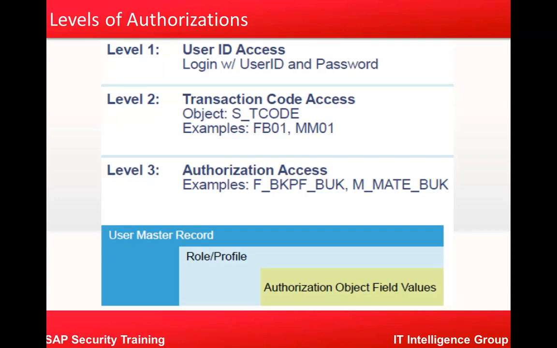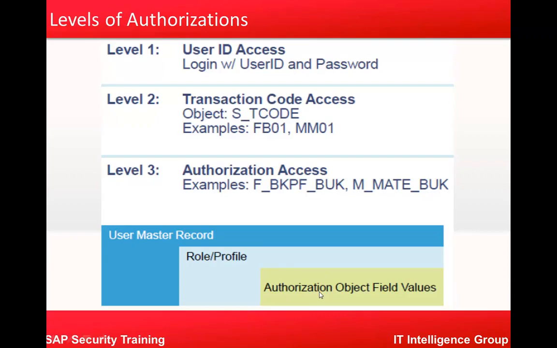What we have seen so far is that, from a security perspective, we give users access to what they need to perform. If they need to perform banking related activity, we give access only to financial users. If they are from the HR department, we give access only to HR related users.